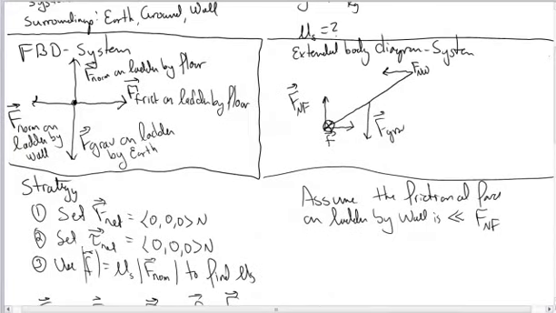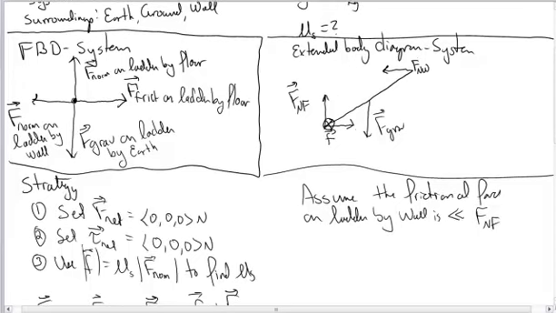But let's see if we can come up with something a little bit more substantive. And what we can do is go back to the free body diagram, to the extended body diagram, and choose a different pivot point and see if the results work out. So just for simplicity, let's choose, how about this point right here as my backup pivot point.